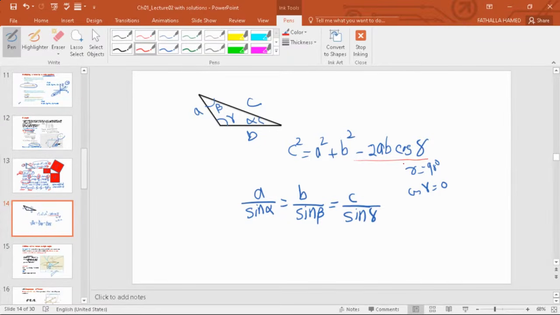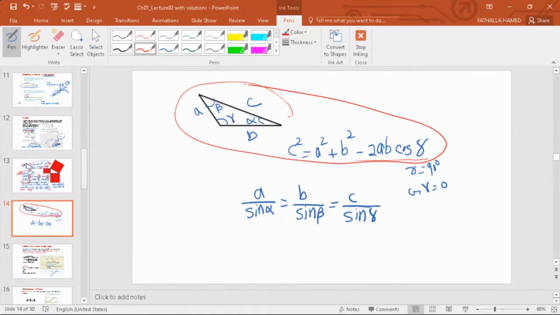By the way, in a right angle triangle, gamma is equal to 90 degrees, and cosine 90 degrees is equal to 0, and you get C squared is equal to A squared plus B squared. So you can regard this as the general rule, and the special rule is when gamma is equal to 90 degrees, you get Pythagoras' law, which is for a right angle triangle.